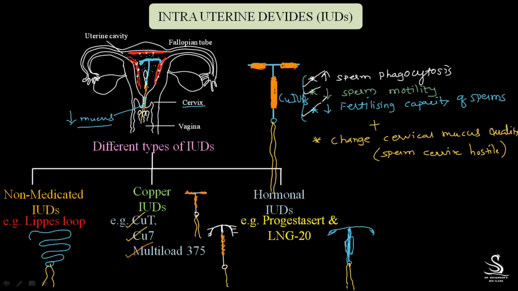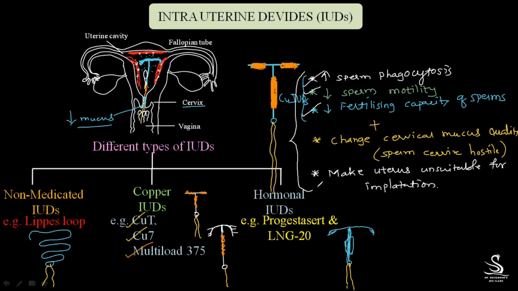In addition to that, we already know, students, that they are going to play one more role. That one more role is they are going to make the uterus unsuitable for implantation. So this is the role played by the hormone-releasing IUD. Okay, simply I will draw it like this, students.